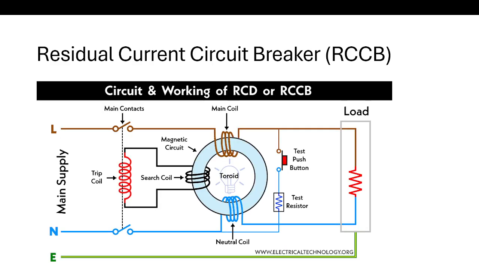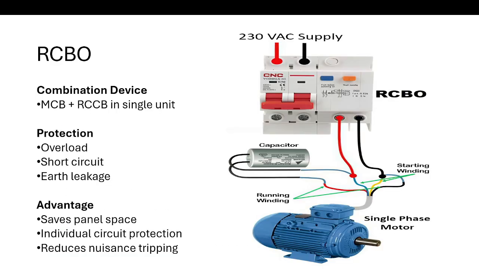Now this is the residual current breaker, RCBO. What is the full form of RCBO? Residual current breaker with overload protection. It is a combination device that integrates the function of MCB and RCCB. Earlier we said that RCCB alone cannot protect against overload or short circuit. It is only for leakage current.